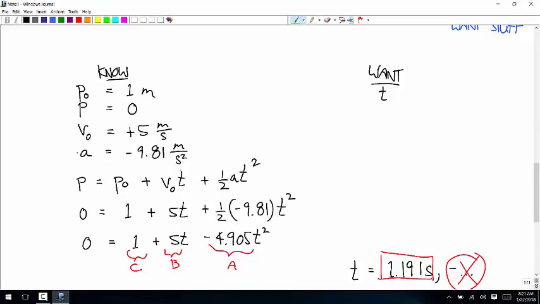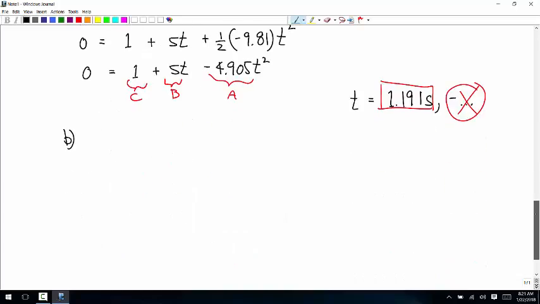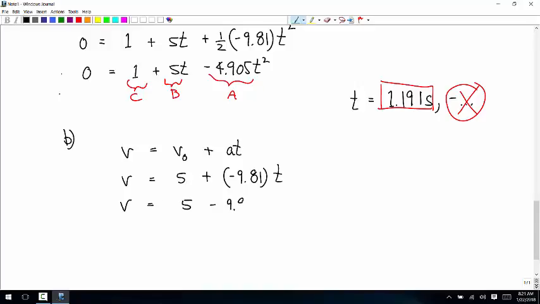We're trying to find the velocity at time t, so now we can use this equation, V is equal to V0 plus AT. So V is equal to 5 plus negative 9.81 T. So V is equal to 5 minus 9.81 times 1.19.